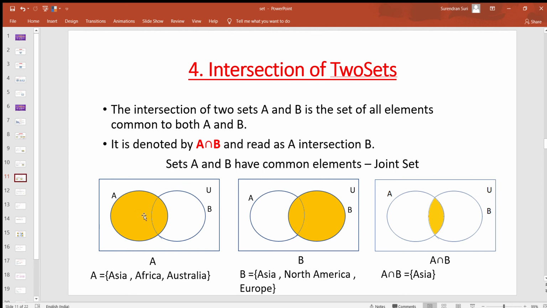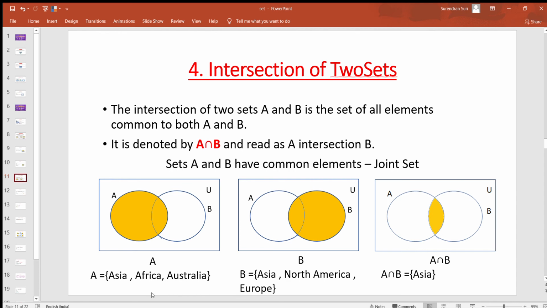As usual in a Venn diagram having two sets A and B, this is set A, and the one in the middle denotes set B. And the third diagram tells us A intersection B. So what is A intersection B? The elements that are common to both A and B. So the overlapping portion in the middle is called A intersection B.